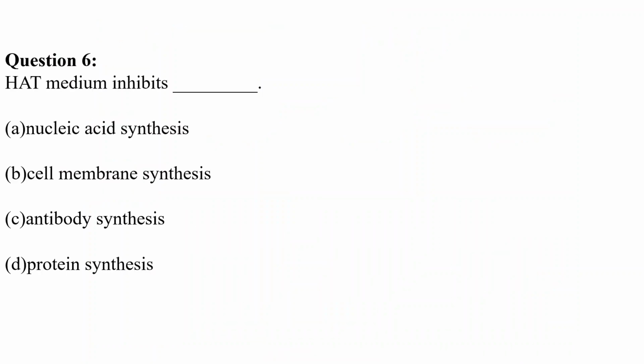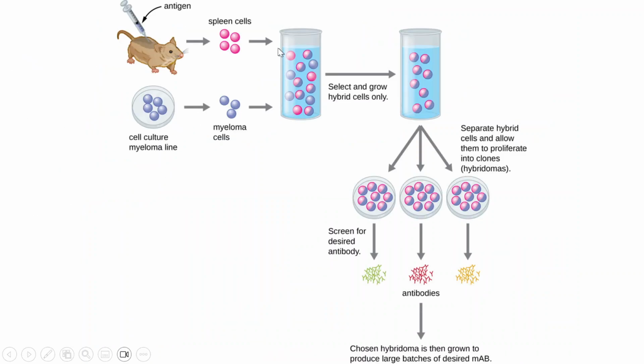So when we are doing this fusion, all the myeloma cells that have not fused, all these unfused myeloma cells, will die because they can't produce their own DNA. Without producing DNA, cells cannot divide, so they will die.